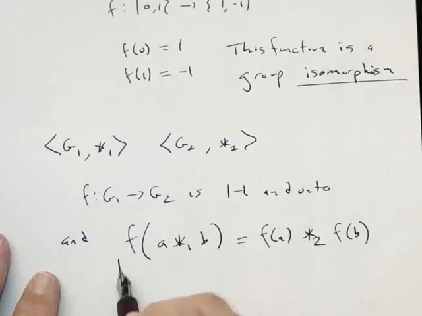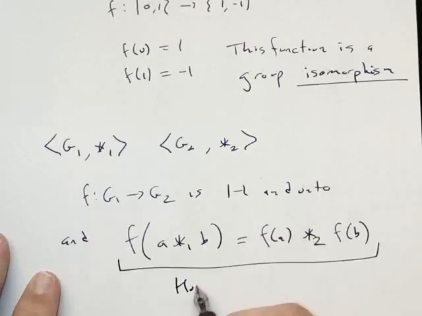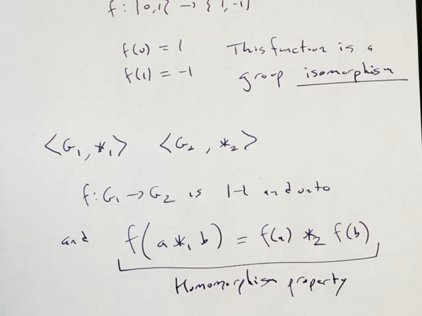This property is so important, we give it a name in and of itself: the homomorphism property, the similar shape property. And if we can find such a function, then our groups are isomorphic. They are the same.